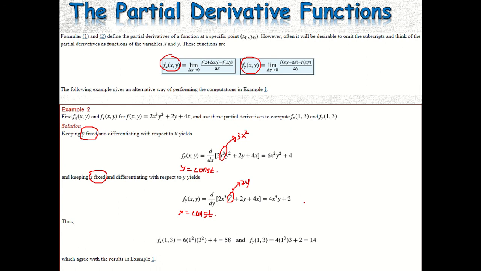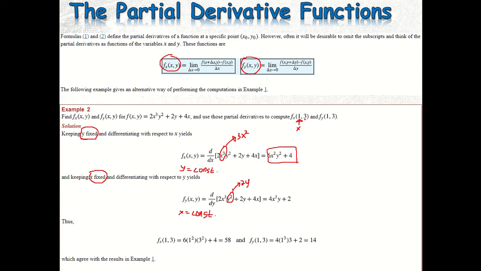Then after that, substitute the values. Using this result, substitute the values for x and y here. Our x and y are given here. This is our x value.